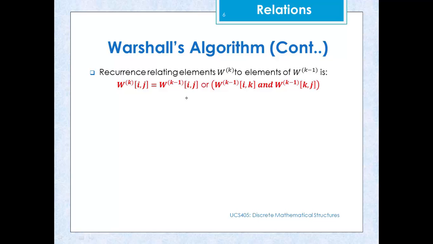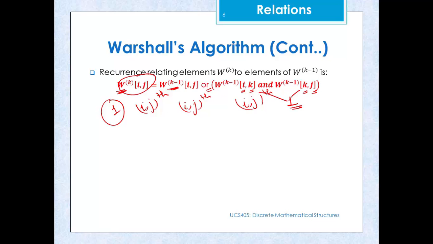So how does it work? Let us see. The element at the (i, j)th position in Wk will be 1 if the entry at the (i, j)th position in Wk minus 1 is 1, or the element (i, j) will be changed from 0 to 1 in Wk if and only if the entry at the ith row and kth column and the entry at the kth row and jth column are both 1.